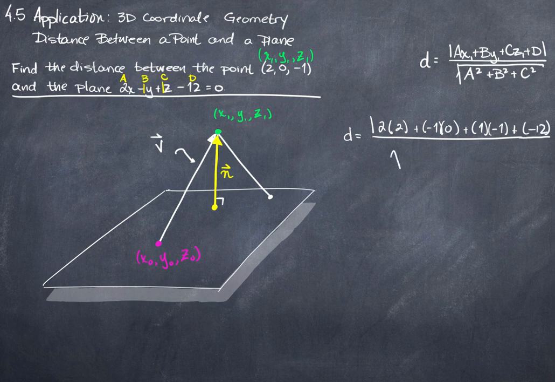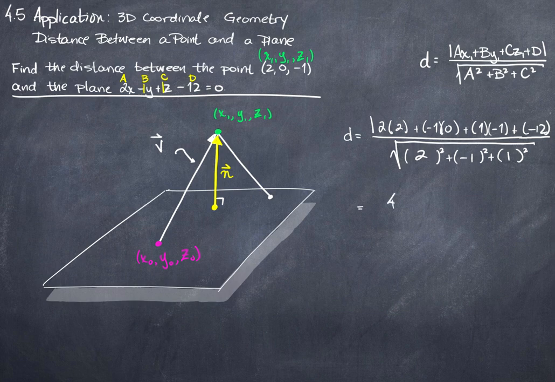And that is all over the square root of a squared plus b squared plus c squared, where a is 2, b is negative 1, and c is positive 1. And the rest is arithmetic.